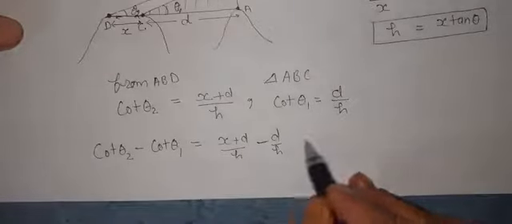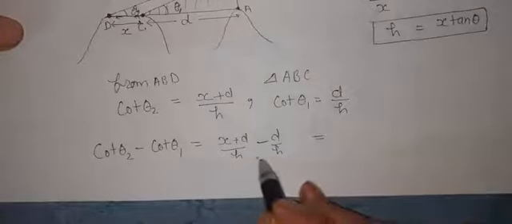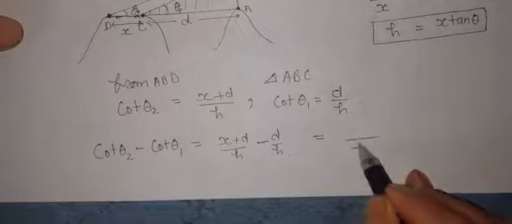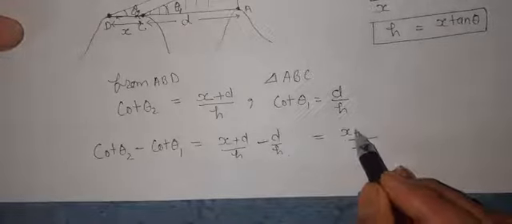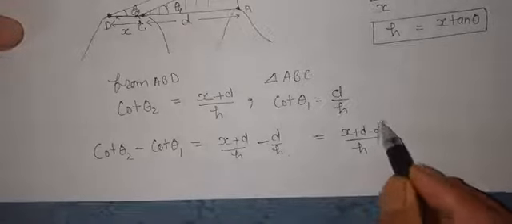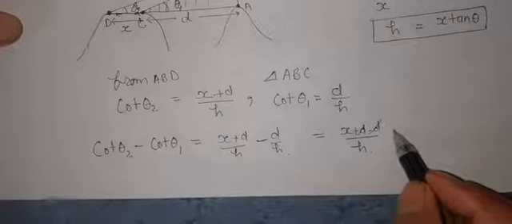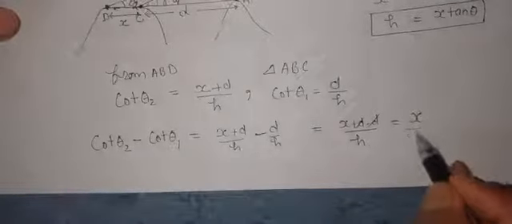Okay, and what thing is common? In the denominator, h. So the LCM will be h, and upside it will be x plus d minus d. The d is going to cancel, and we simply get x by h.